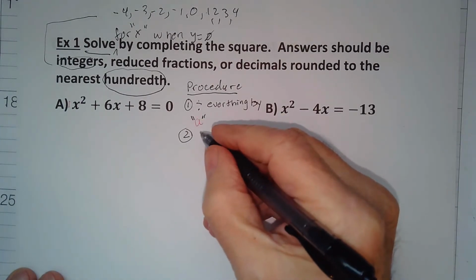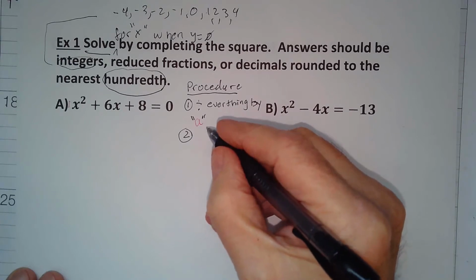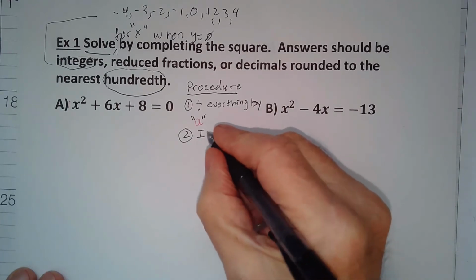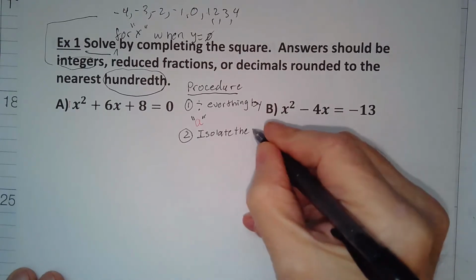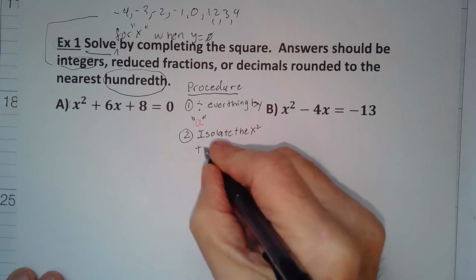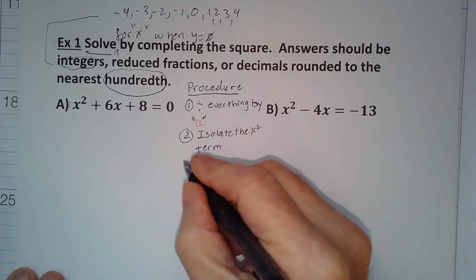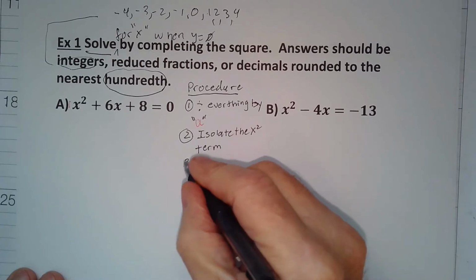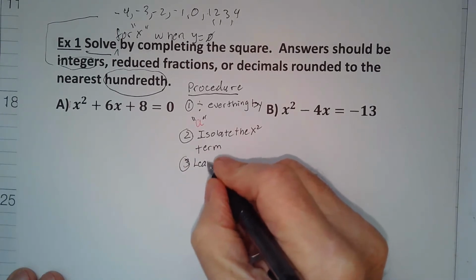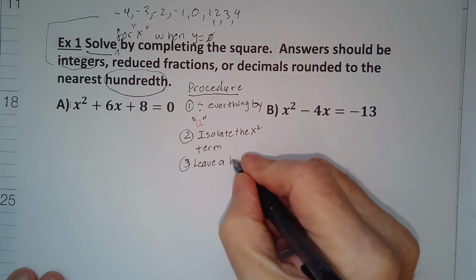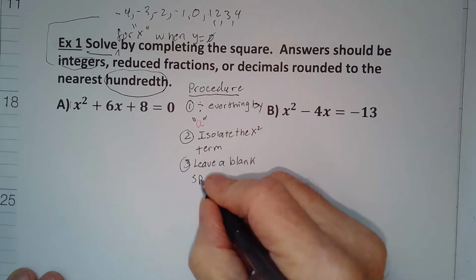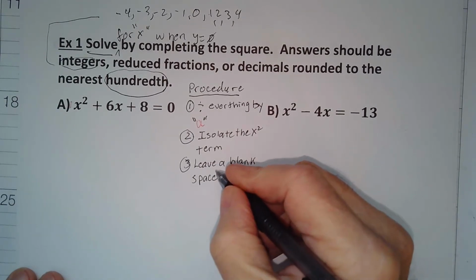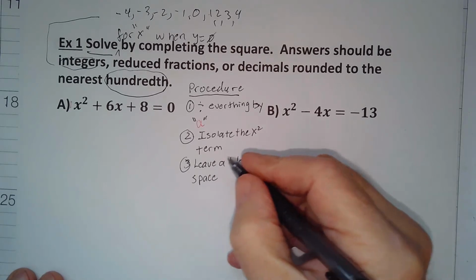The second thing you're going to do is isolate the x squared term. The third thing you're going to do is leave a blank space, really 2 blank spaces, and that's going to be for the c value.